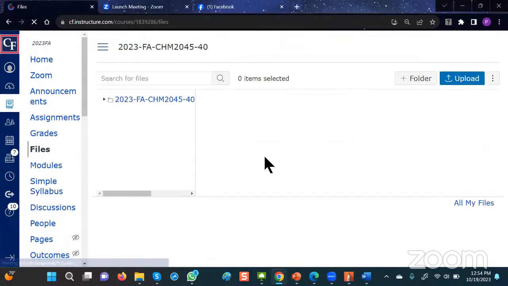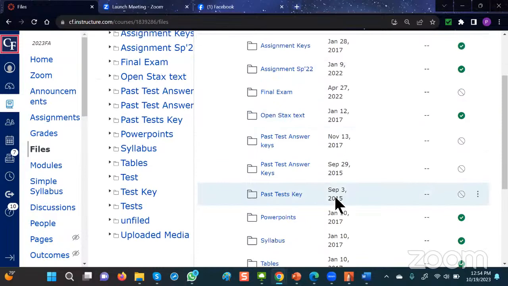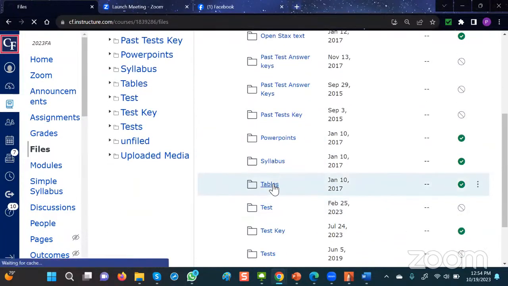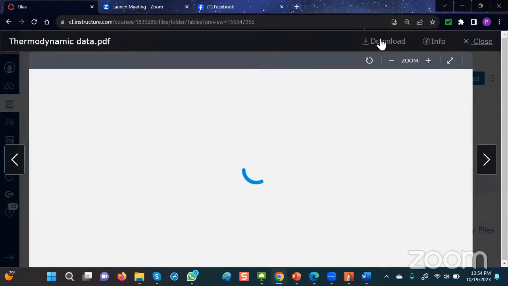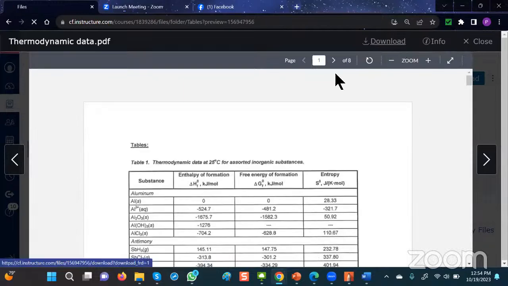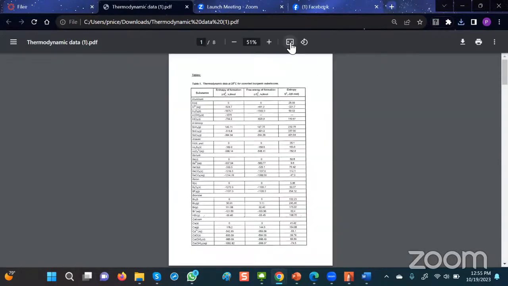So this table is what you'll be using when you're asked to calculate the standard enthalpy of reaction based on the enthalpy of formation. So thermodynamic data, that's the name of the file. And if you download it, it's 8 pages long. But so this is what it looks like.